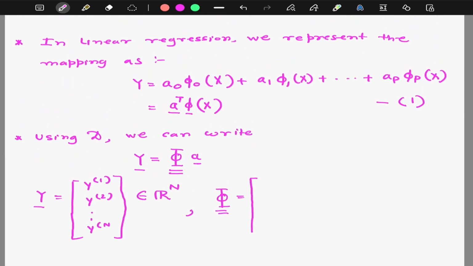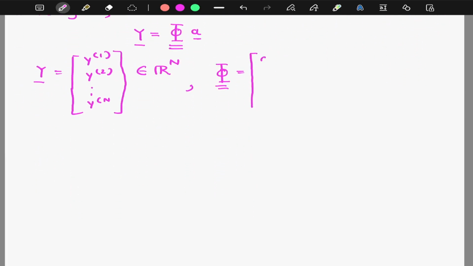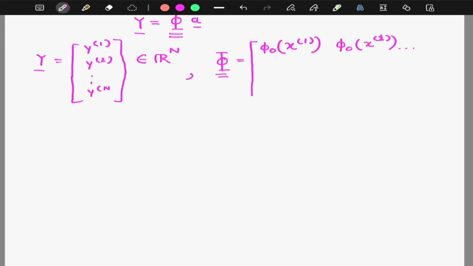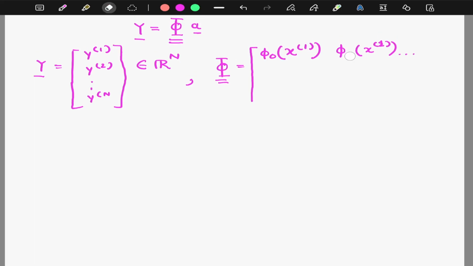I have my phi 0 evaluated at x 1, then phi 1 evaluated at x 1, and ultimately the last one is phi p evaluated at x 1.